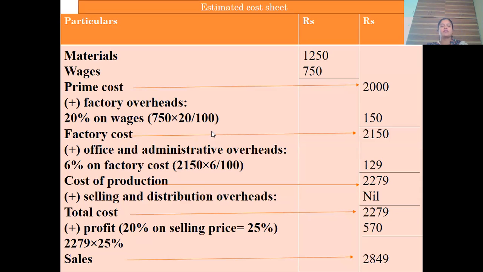Now this is the estimated cost sheet we have calculated. Under this estimated cost sheet, materials 1,250 and wages 750 are already given in the problem. You get the prime cost as 2,000, and for that we need to add the factory overheads, 20% on the wages.